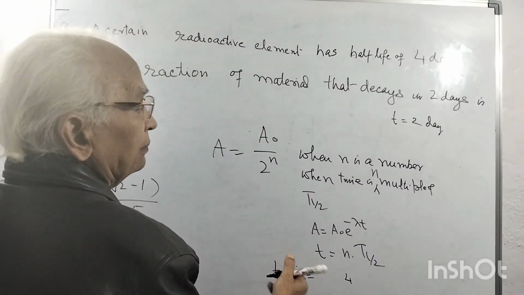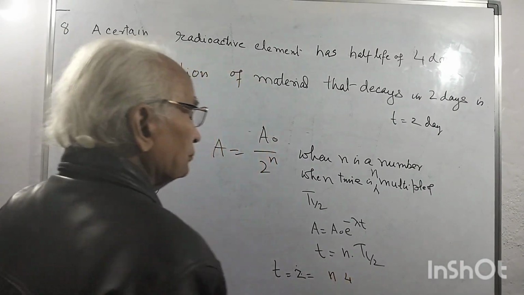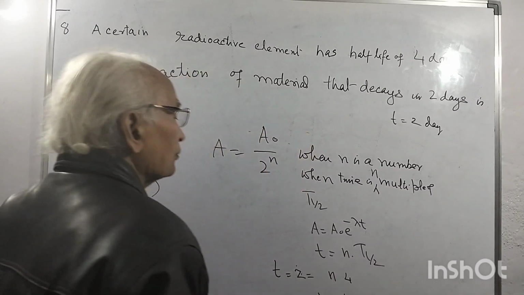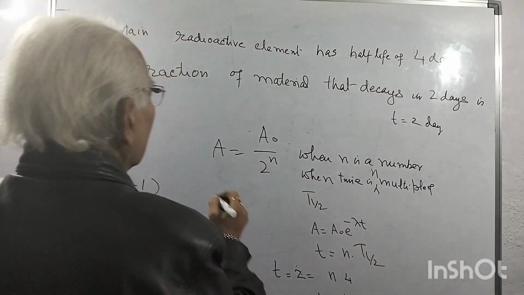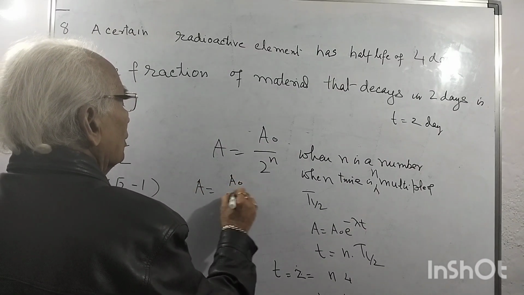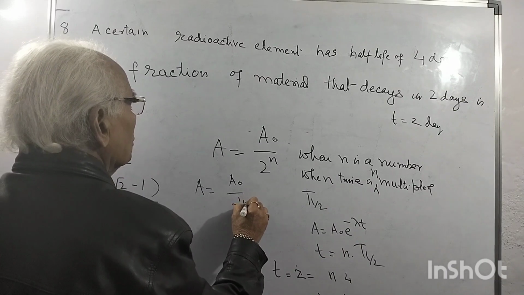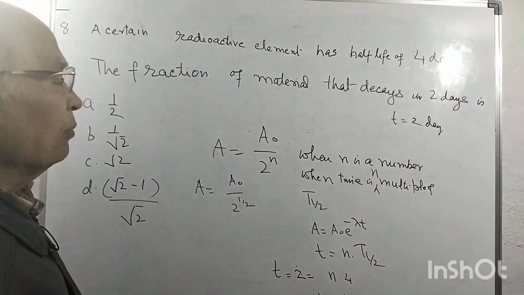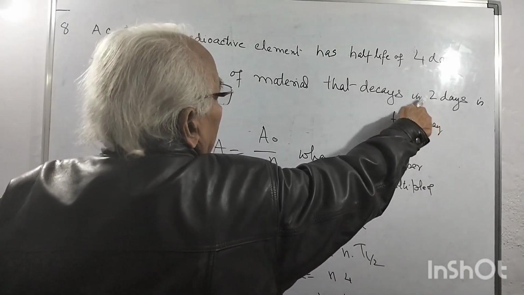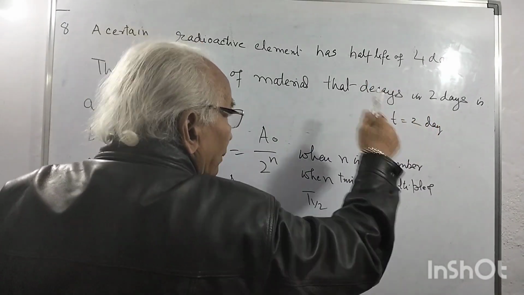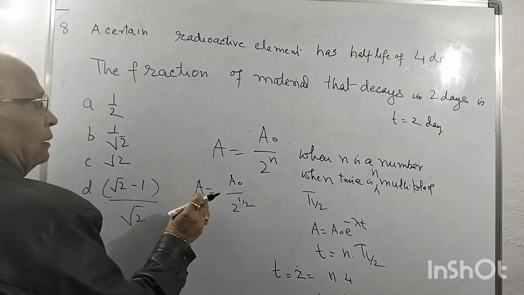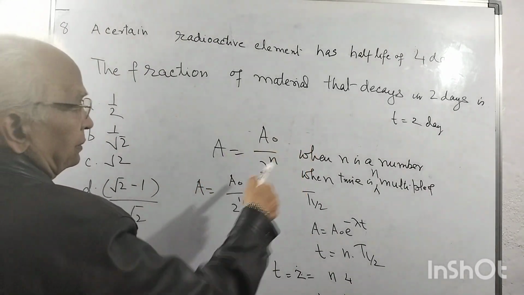So how do we get the multiple? n is 1 by 2. So A is equal to A naught by 2 to the power 1 by 2. This is the formula when time is a multiple of half-life, and the multiple is n, 1 by 2. So this is the activity after 2 days.